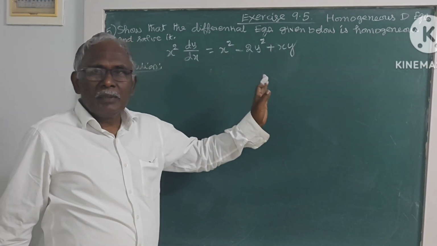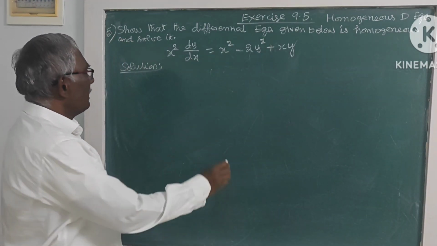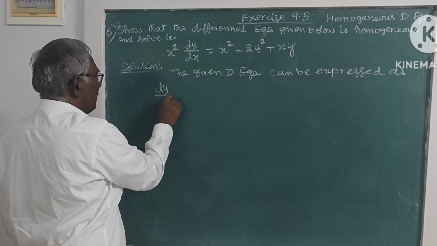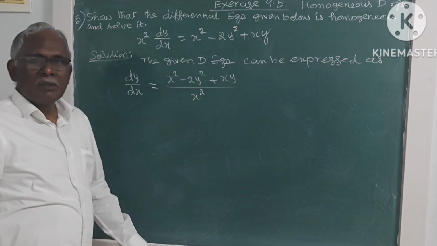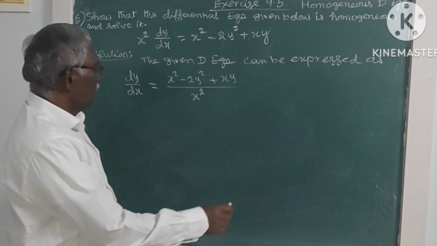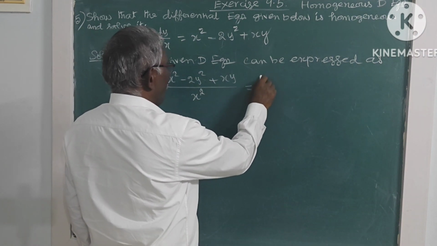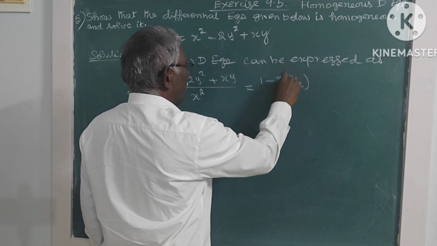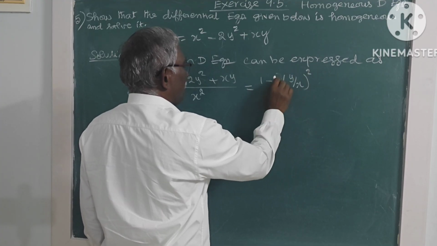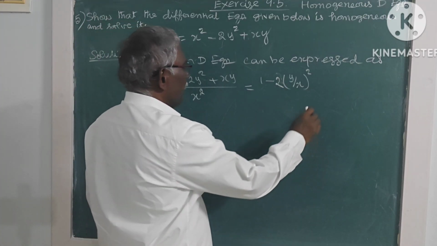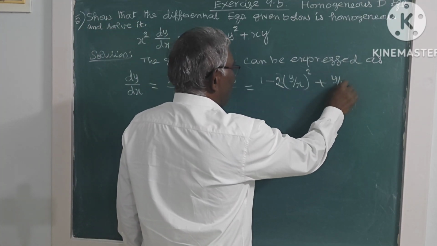So the given differential equation can be expressed as dy by dx is equal to, we will divide the numerator and the denominator by x square. We get 1 minus 2 times y by x whole square plus y by x.